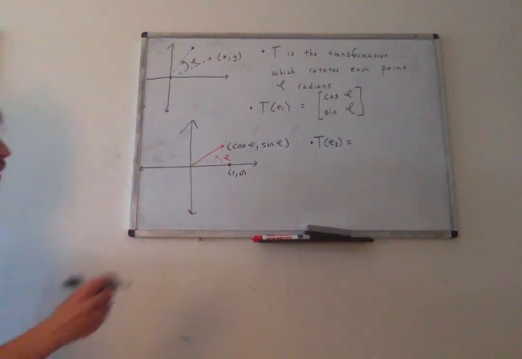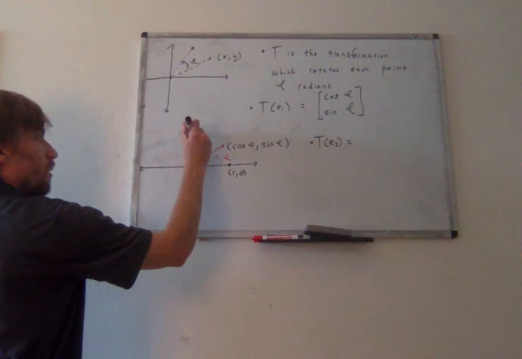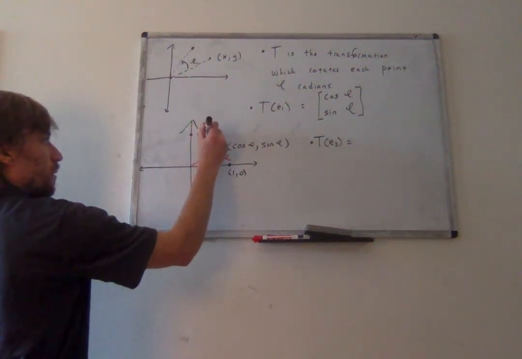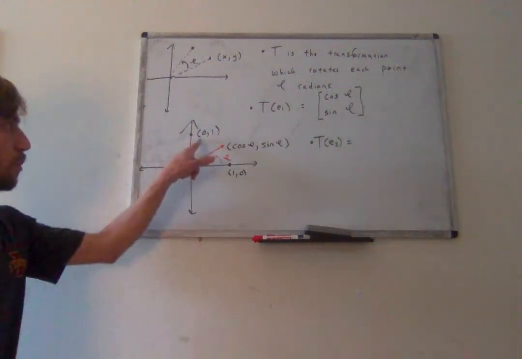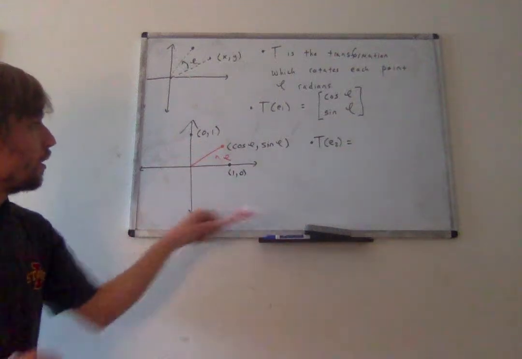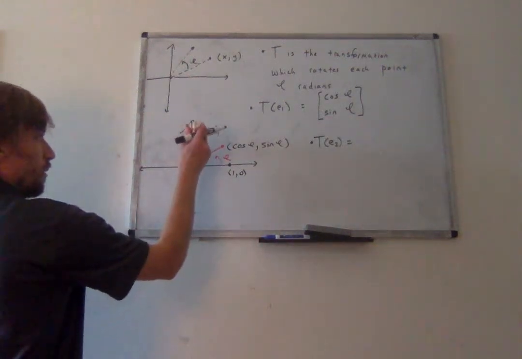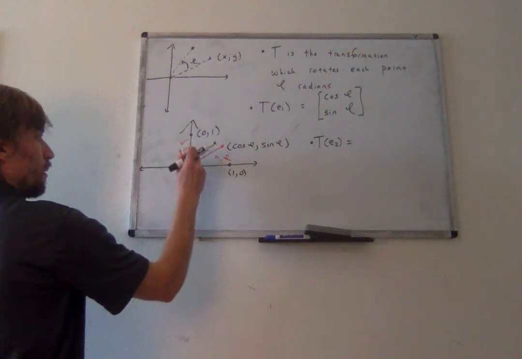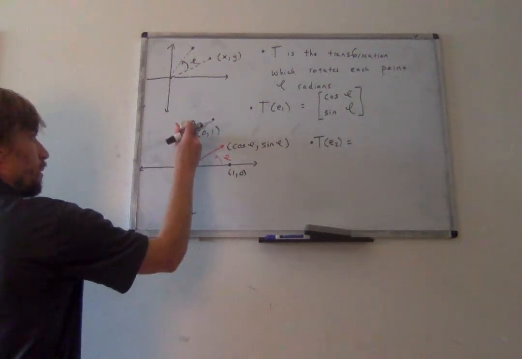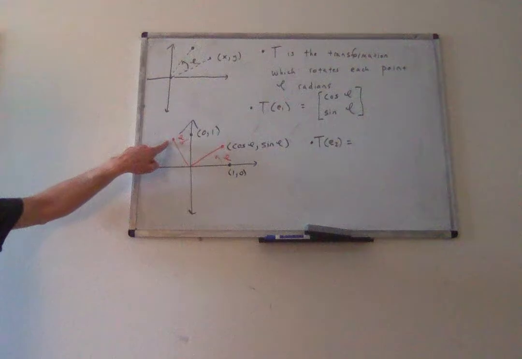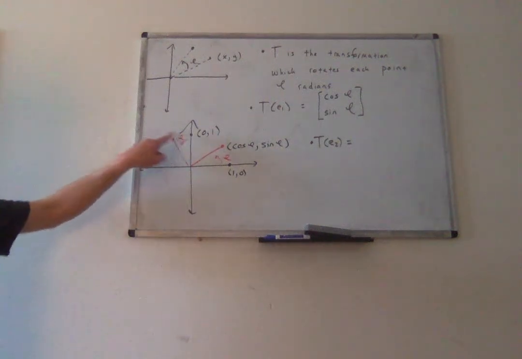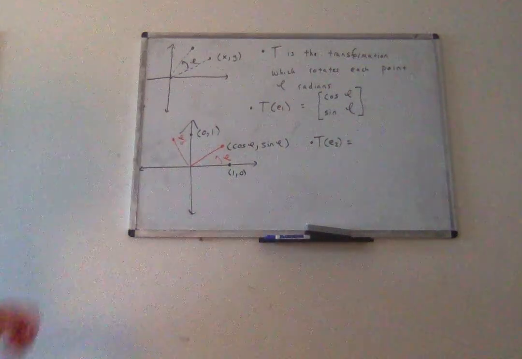Now, if I look at the point e2, that's right here. This point here is e2. This is getting rotated by phi degrees this way. And so this would be the point that (0, 1) gets sent to after rotating a total of phi degrees.